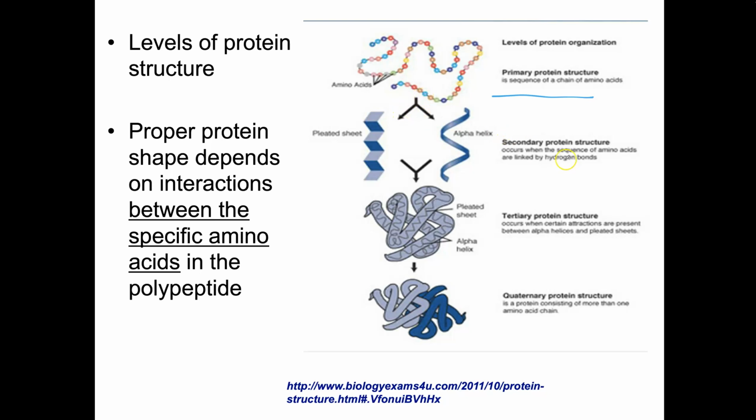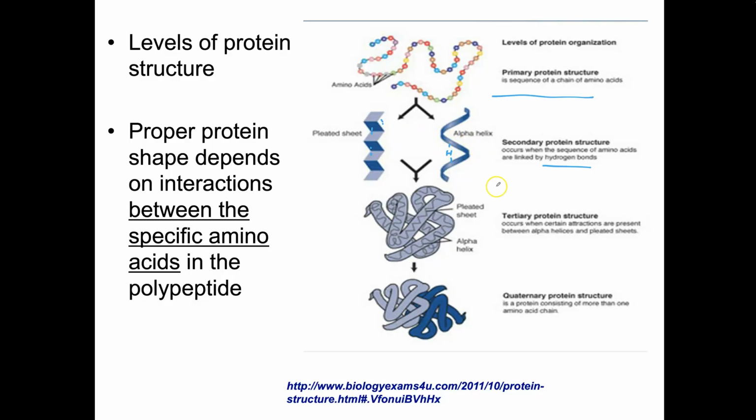And the secondary protein structure, basically, depending on which amino acids, you can get these pleated sheets, beta pleats they're called, or you can get helical shapes. And these form through hydrogen bonds between amino acids. So you've got an amino acid in one location and another in another location, and between them they can form a hydrogen bond, and that basically connects them and creates this secondary structure.